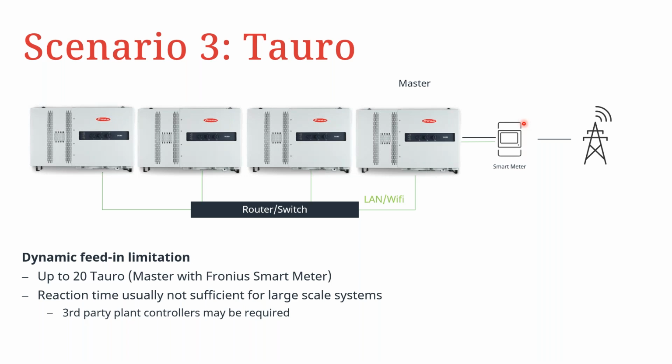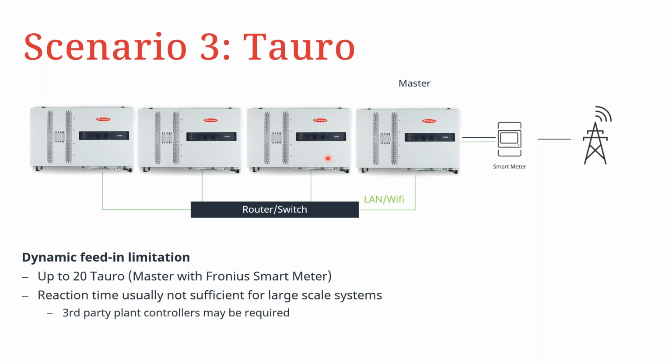feeding control protocol. So if there is any need to go beyond 20 inverters per system, then that would imply us making use of third-party plant controllers. But we believe that 20 is a decent number.